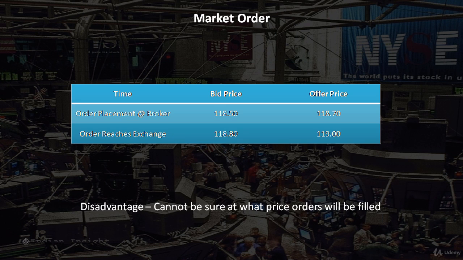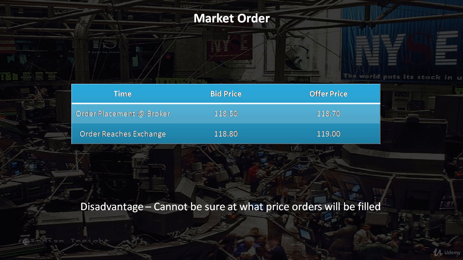So for example, if at the time of placing your buy order, you see that the stock is trading at 118.7, it may so happen that by the time your order reaches the exchange, the stock has moved to 119, so you might end up buying the stock at 119 instead of 118.70. So essentially, in case of market orders, there is always a risk that the market may move adversely by the time your order reaches the exchange.